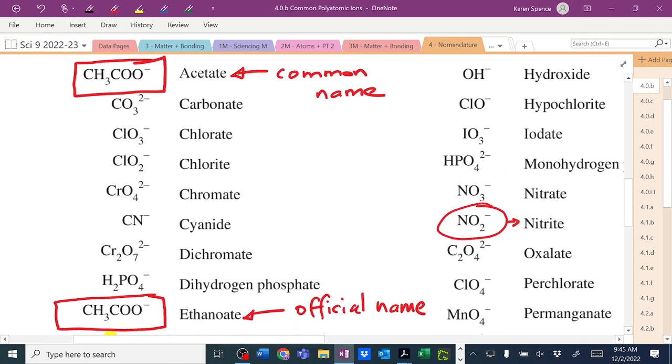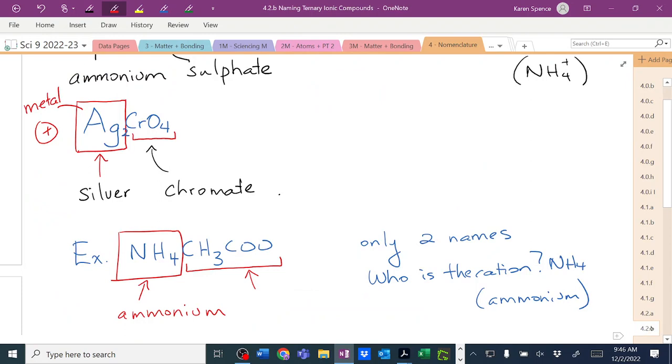So if you don't like ethanoate, you can just ignore it, okay? But you'll see CH3COO is there. Your choice which one you use, okay? So that would be ammonium acetate.